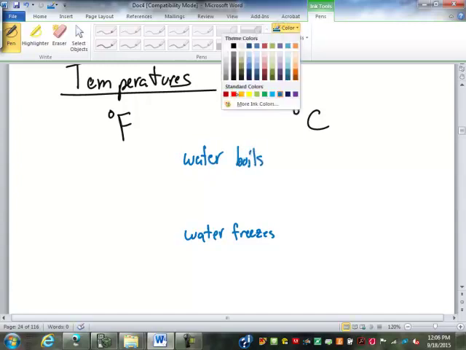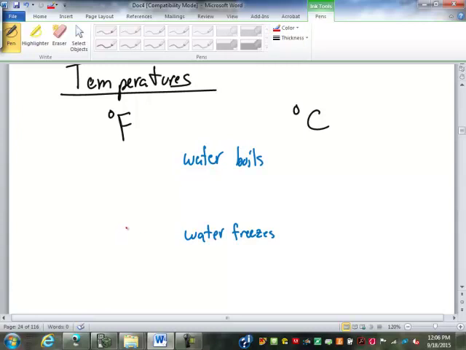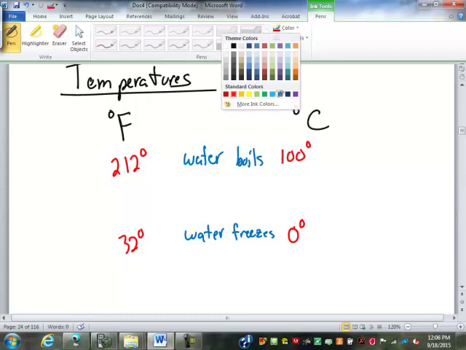In the Fahrenheit scale, what temperature does water freeze? 32 degrees Fahrenheit. Good. What temperature does water boil? 212 degrees. In the Celsius or centigrade scale, what temperature does water freeze? 0. Boils? 100 degrees Celsius.